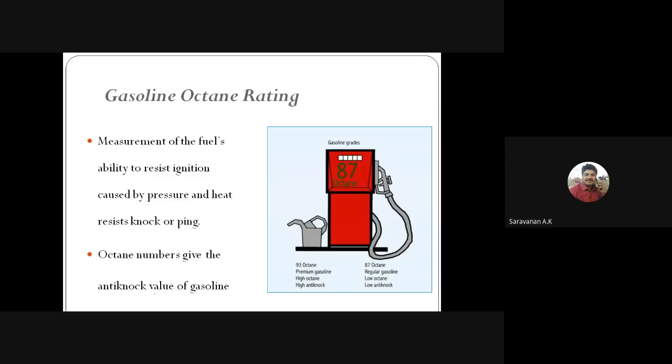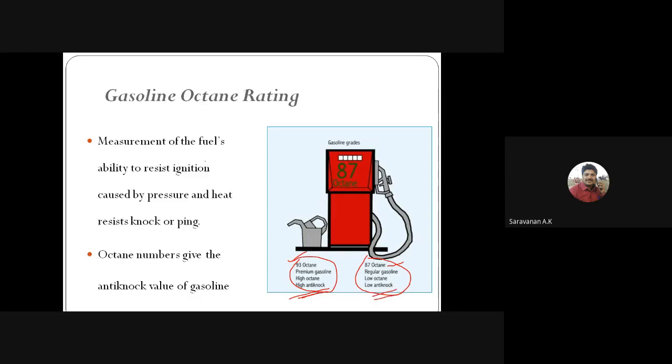Then see, the higher octane is a premium fuel and the lower octane number is a normal fuel, right? When the octane number increases, the anti-knock will be high. Here the octane number is 93, so you get low knock here and high knock there.